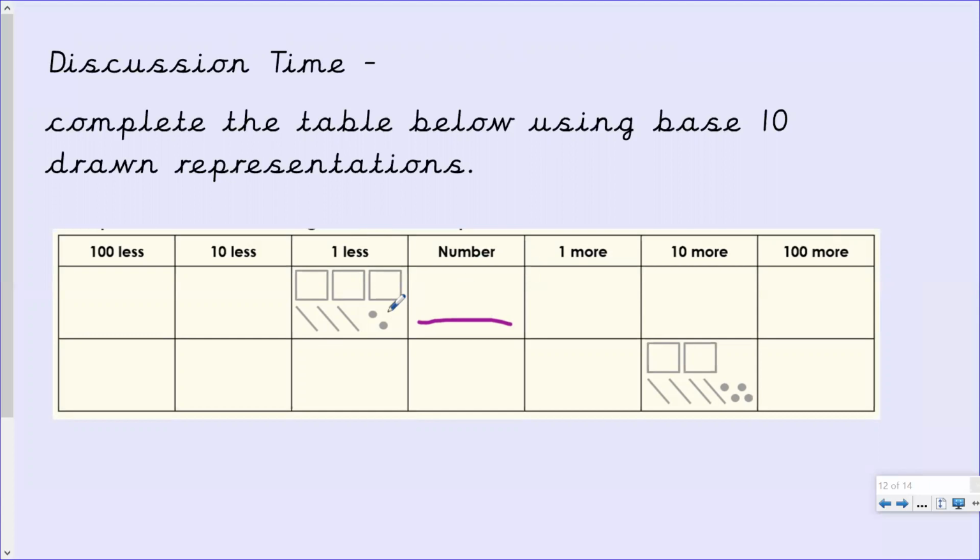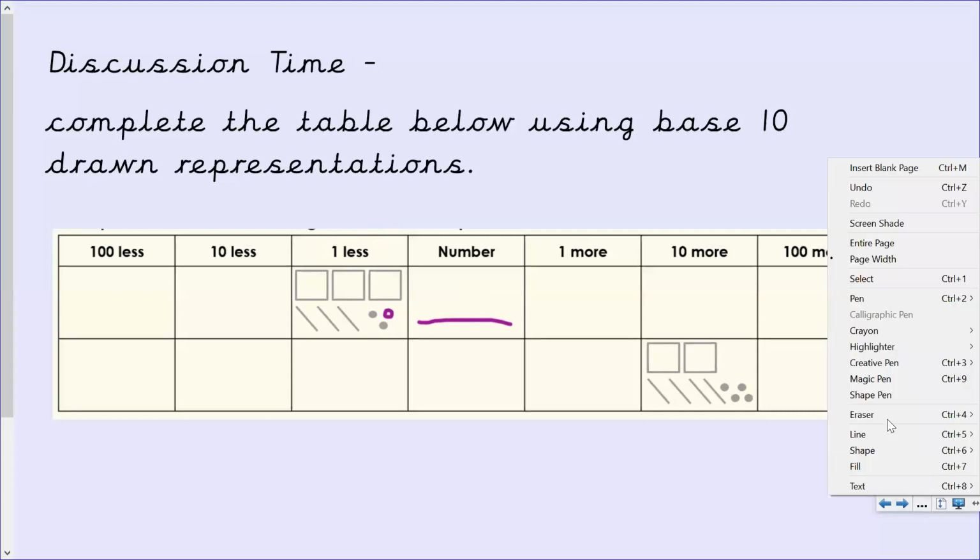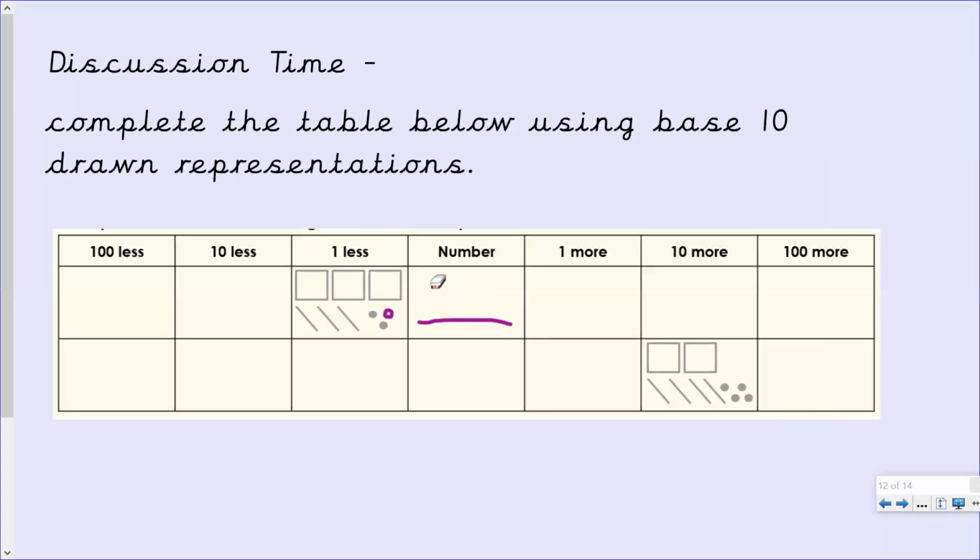If I've already taken one of the ones away to make it 1 less, then my number would have to have one more, because one less would mean that I have looked at the ones column or the ones pictorial representations, and I have already taken one of them away to have one less.